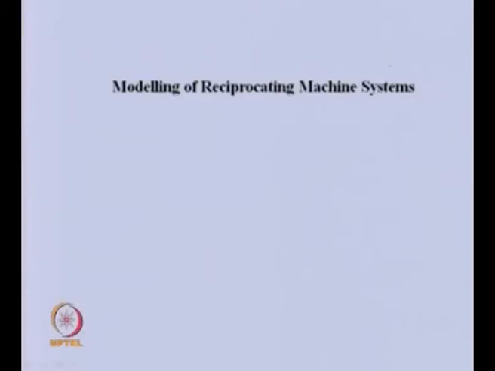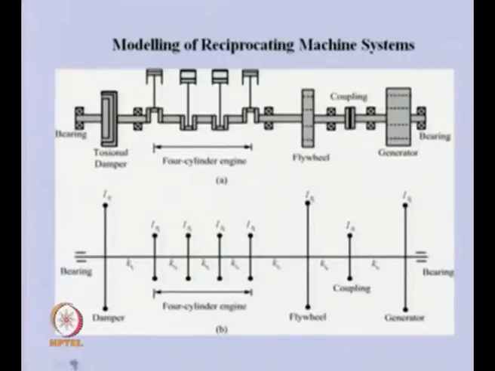So, let us see the modeling of the reciprocating engine system. In this particular case we can have, let us say, a 4 cylinder engine. These are the 4 reciprocating engines, and apart from this we will have other accessories, like some kind of torsional damper or a flywheel, because the fluctuation of energy takes place as the firing orders of the engines are different.